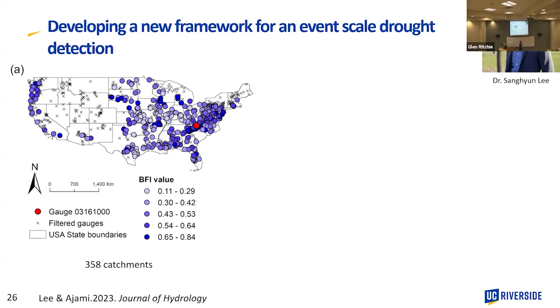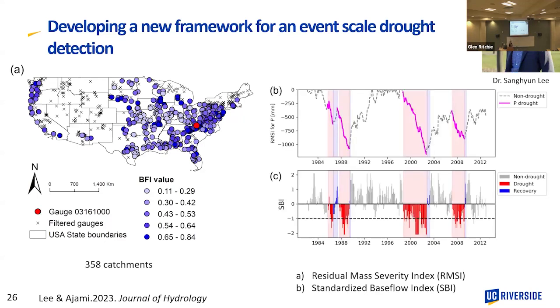Most of the drought studies previously have been looking at the cross correlations between the precipitation time series and groundwater time series or base flow. But these types of studies only give you general information about drought propagation. So we needed a framework for event scale drought detection.